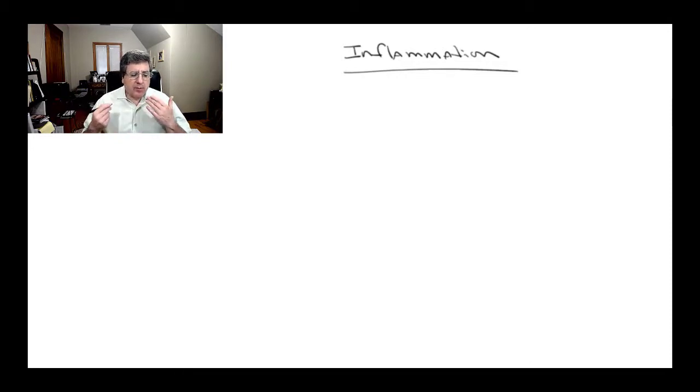So what are the beneficial effects of inflammation, and why do we want it? Well, we want it in at least more of a short-term acute setting. We don't like chronic inflammation. Chronic inflammation has more problems associated with it.